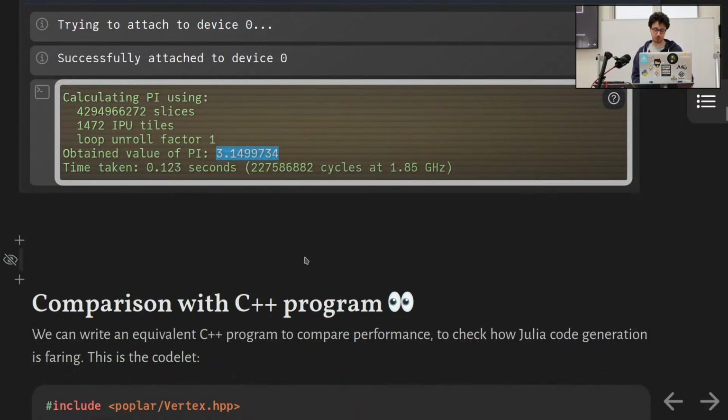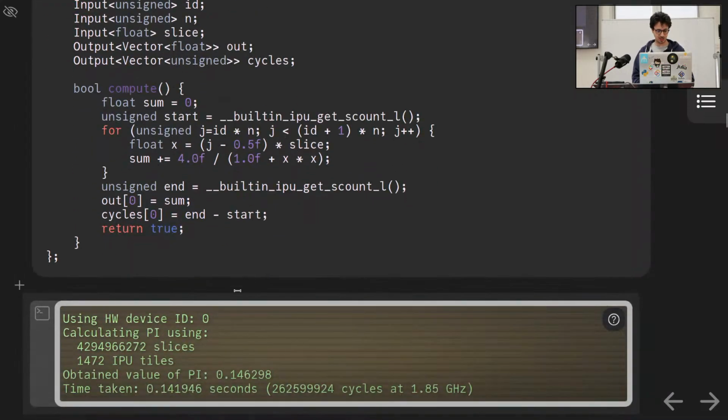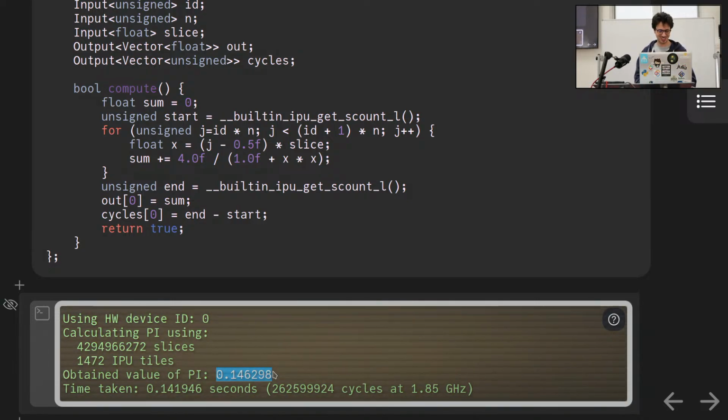I also did a comparison with an equivalent C++ program. This is the kernel written in C++. The kernel is pretty much doing the same kind of computations. The result is not good, I think there are some problems with the summation, but don't worry.